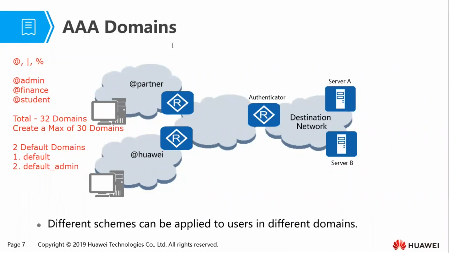So for example, in this particular network, we have 2 domains, the partner @partner and @Huawei. So depending on who you are, there is only so much that you can access on the Huawei servers. For example, I'm a partner, so I can download PowerPoint notes from server A. Those are some of the things that are implemented on the network.